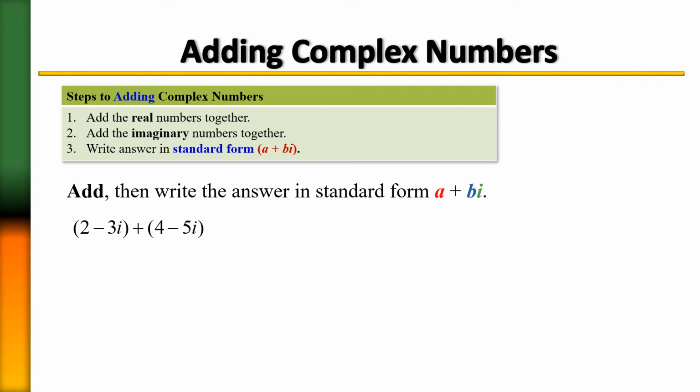Next, we're combining a negative 3 with a negative 5, and that will give me a coefficient of negative 8, and that's going to be i. So that leaves us with a final answer. Writing it in standard form would be 6 minus 8i.